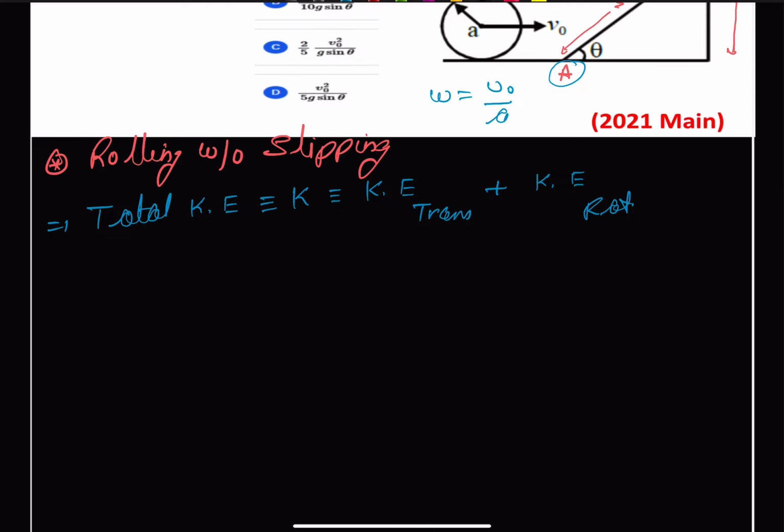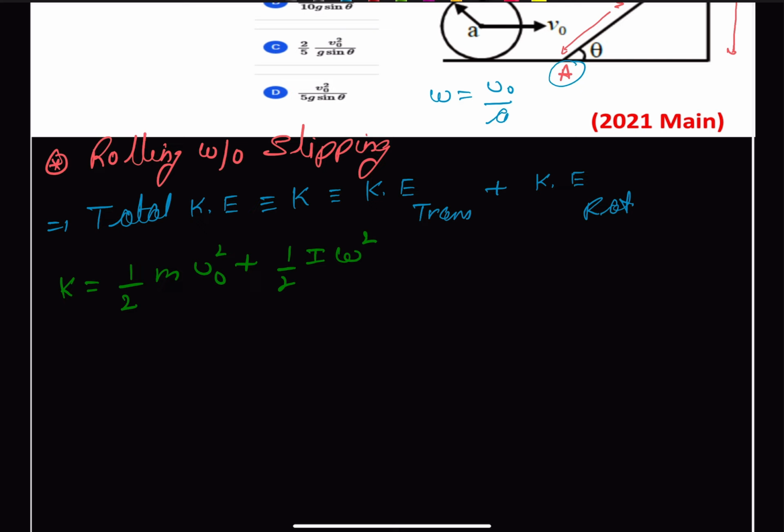So we can say the total kinetic energy K will be equal to translational, half m V naught square, plus rotational, half I omega square.